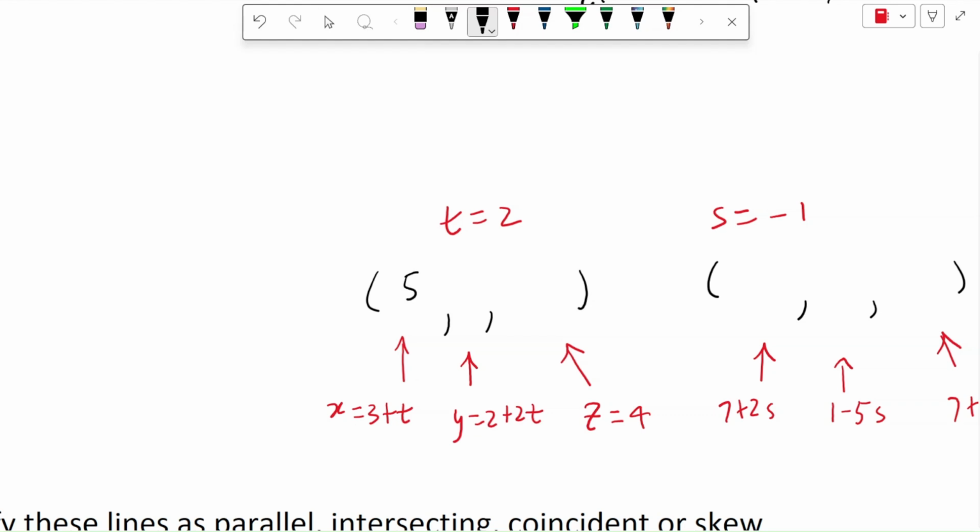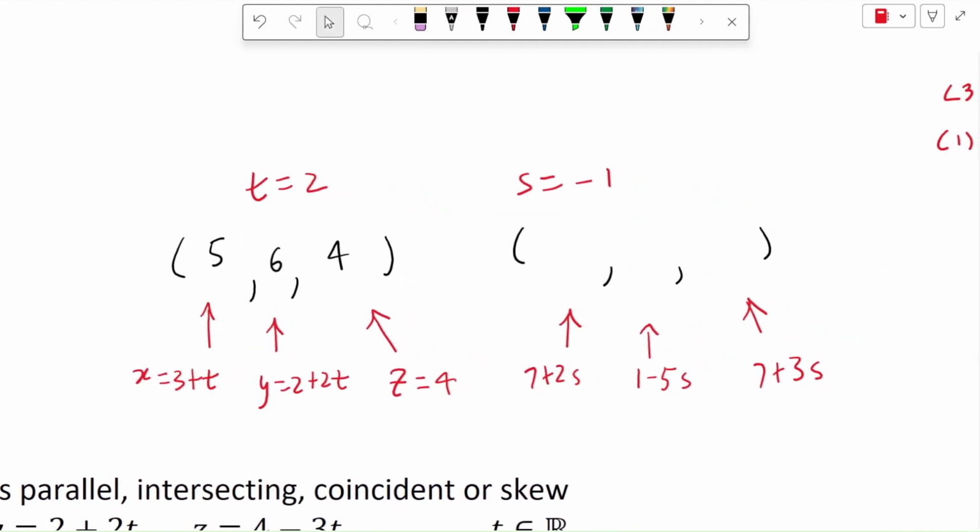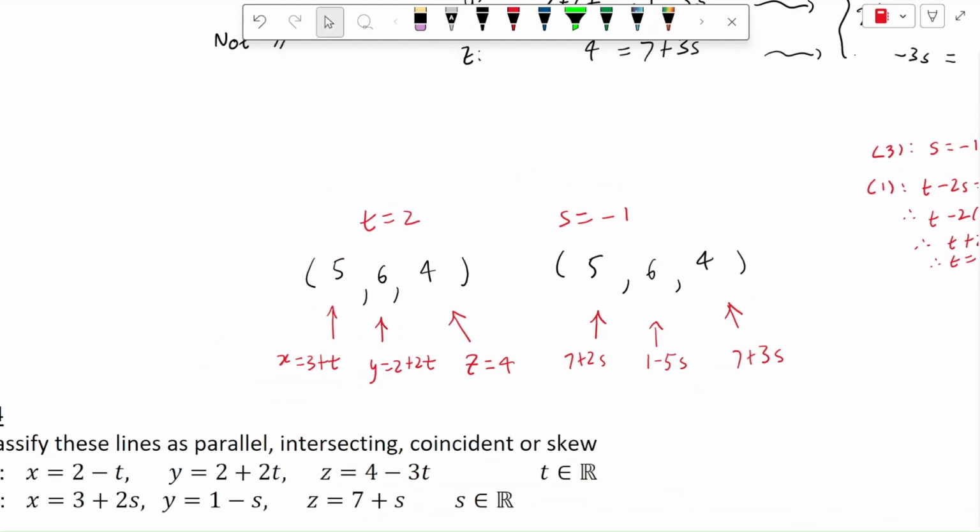3 plus 2 is 5, 2 plus 4 is 6, and 4 is 4, last time I checked. Over here, s is minus 1, 7 take 2 is 5, 1 take 5 lots of minus 1 gives me 6, and 7 plus 3 lots of minus 1 is 4.